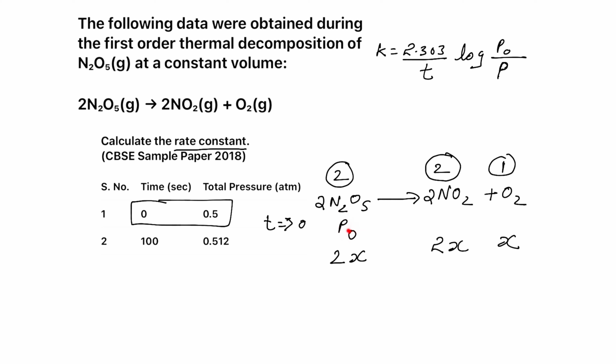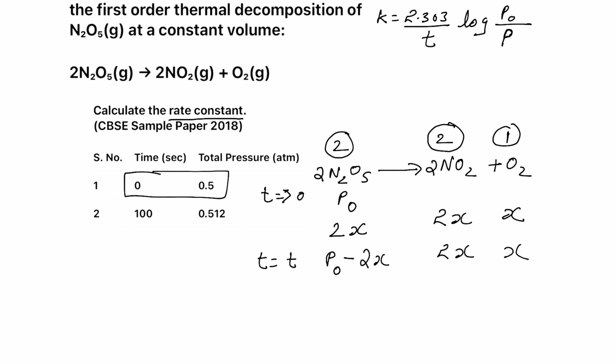Initially, P0 pressure is there. N2O5 undergoes reaction, so there is a decrease of concentration of N2O5. So there is a decrease of pressure of N2O5, by 2x, and an increase of pressure of NO2 and O2. Now, what is the present pressure, when time t is equal to t? For N2O5, the pressure is P0 minus 2x. For NO2 and O2, from 0, it becomes 2x and x. Clear?